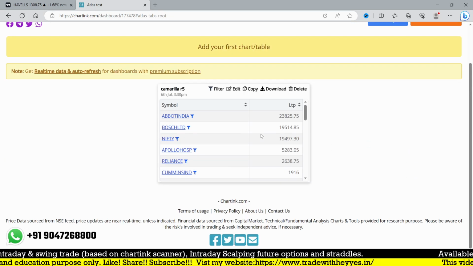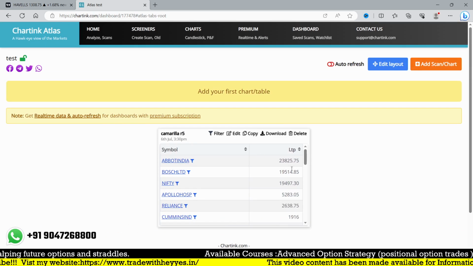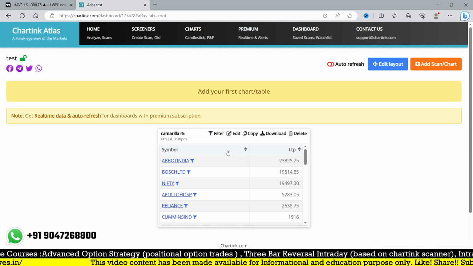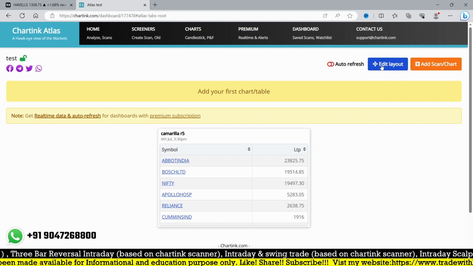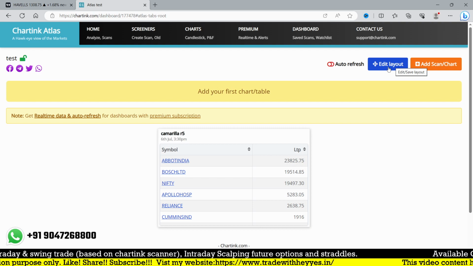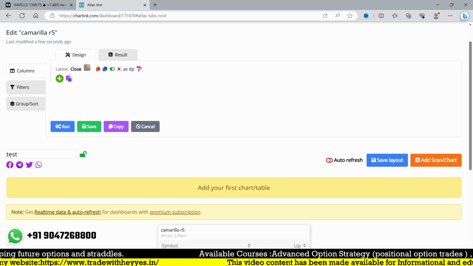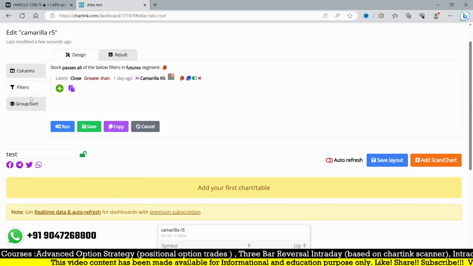I'm just adding that one. So what are the stocks it is showing you based on LTP, right? So we are just checking the stock based on the LTP. So we have to check the stock. So let me add it. Here we cannot compare this.